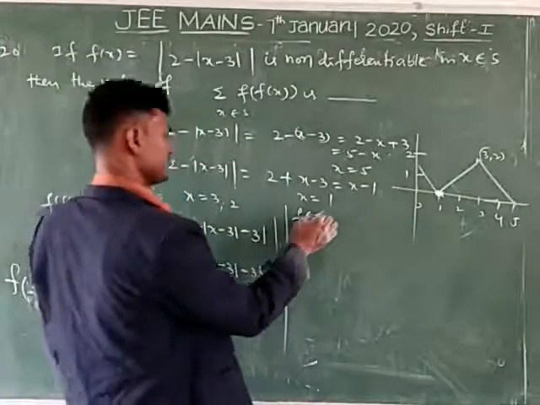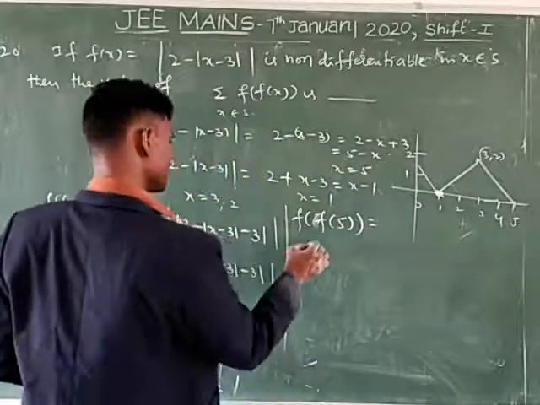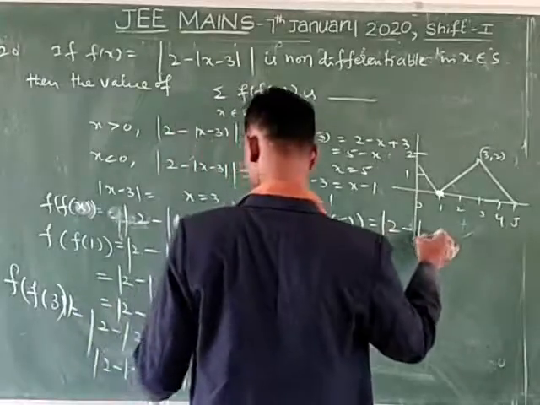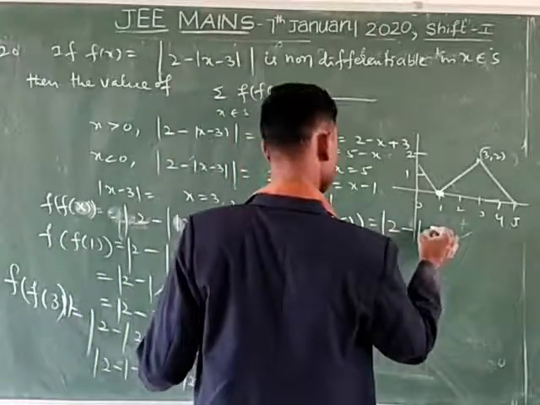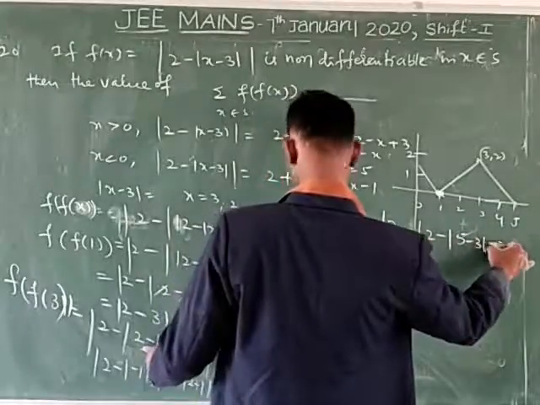Now f of 5 you have to take. Then here 2 minus modulus of 2 minus modulus of 5 minus 3.